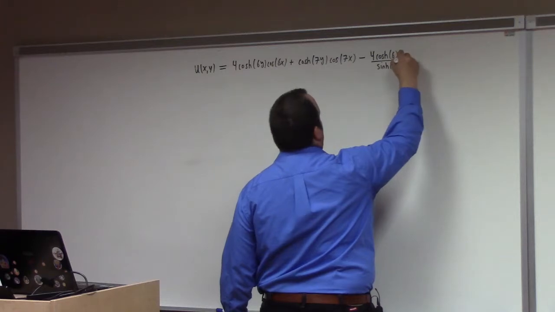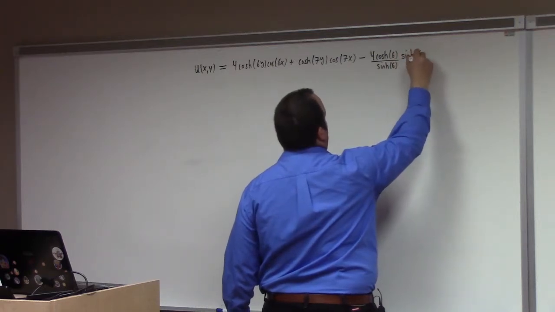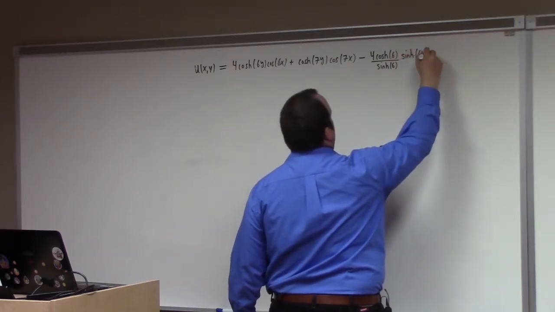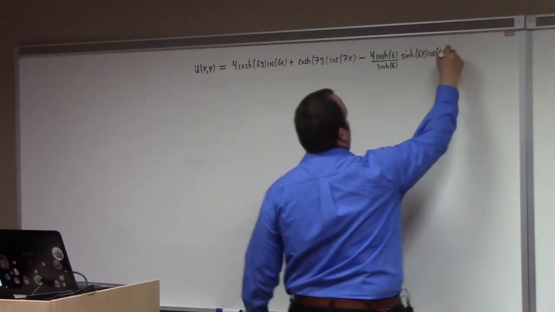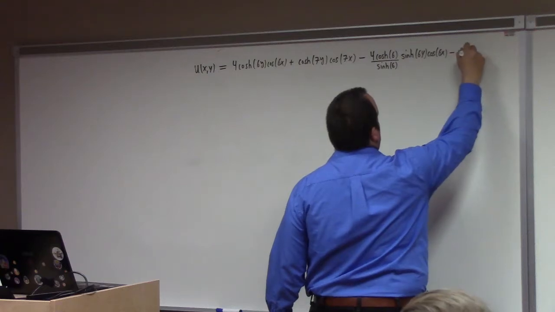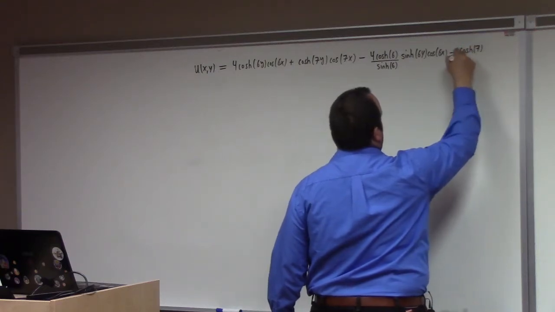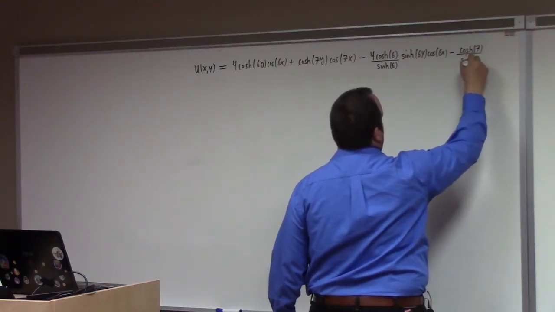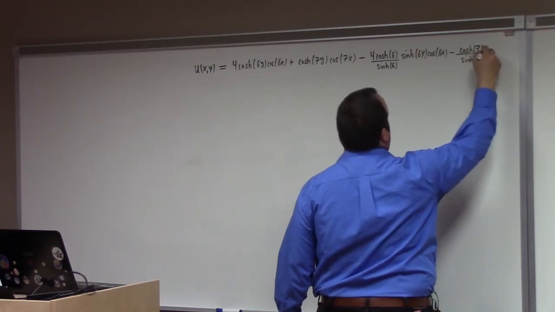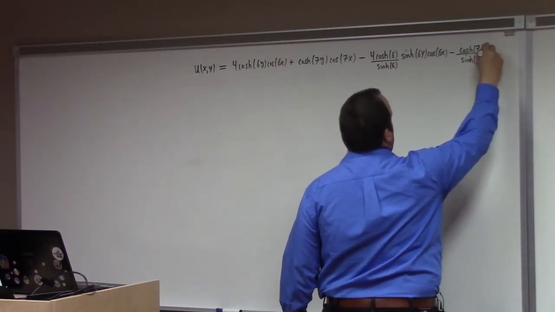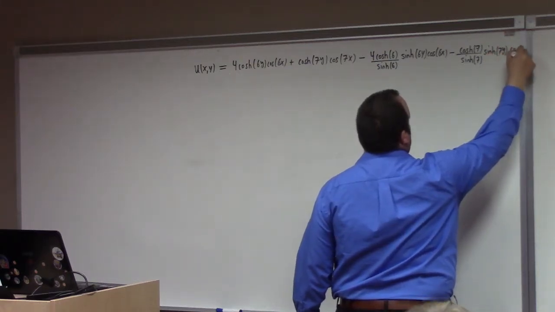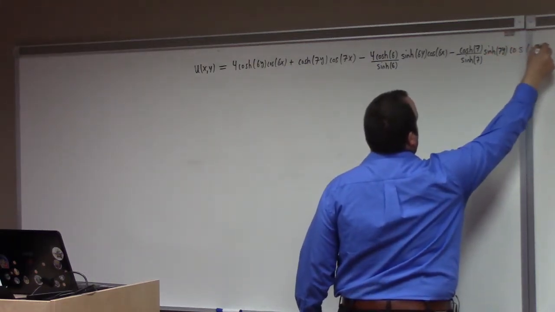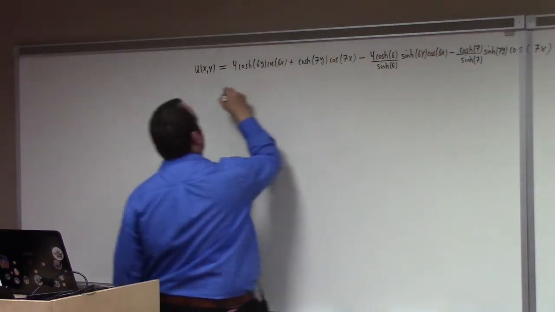And that was sinh of 6y cosine 6x, and then minus cosh 7 over sinh 7 sinh 7y cosine 7x.